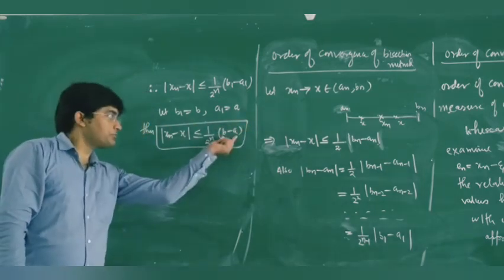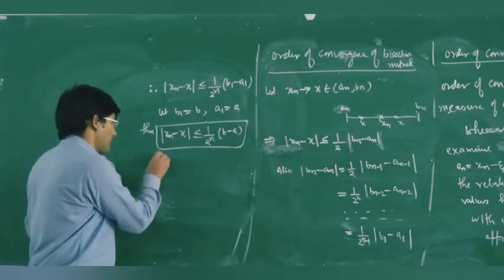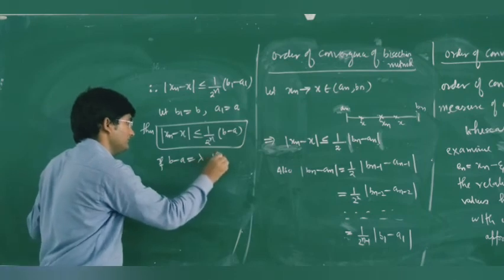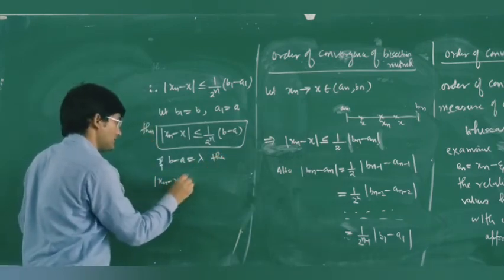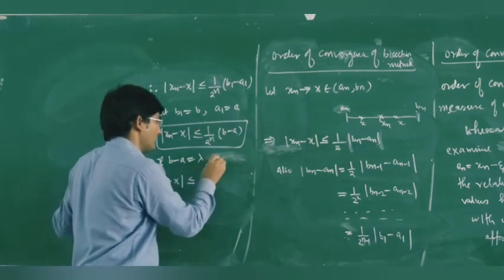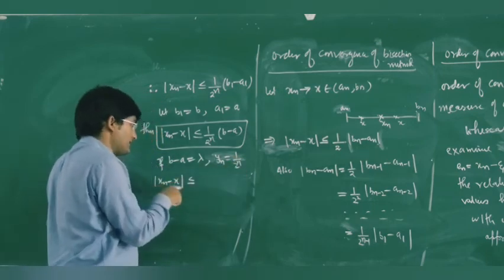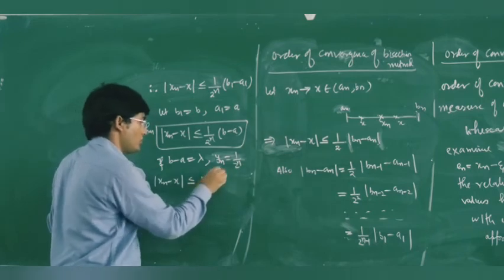Now let us assume this b minus a equals lambda. Then your xn minus x is less than or equal to lambda times, and assume yn as 1 by 2 power n, lambda times the order of yn.